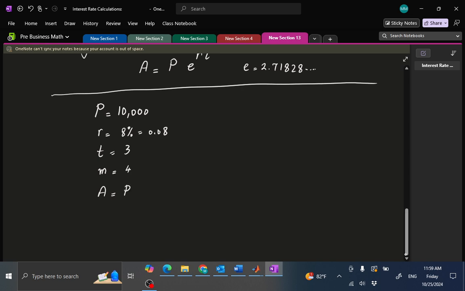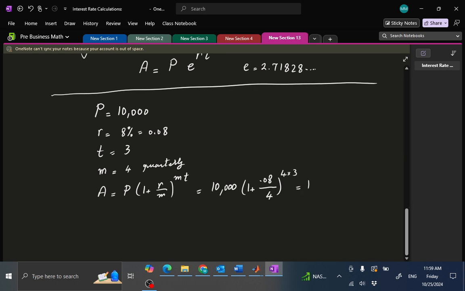Again, the formula is P times (1 plus r over m) to the power of mt. So it means 10,000 that you're putting down, times 1 plus 8%, remember, converted to decimal, over 4, since you're compounding 4 times a year, so this was quarterly. In 3 years, how many quarters are there? 3 times 4.